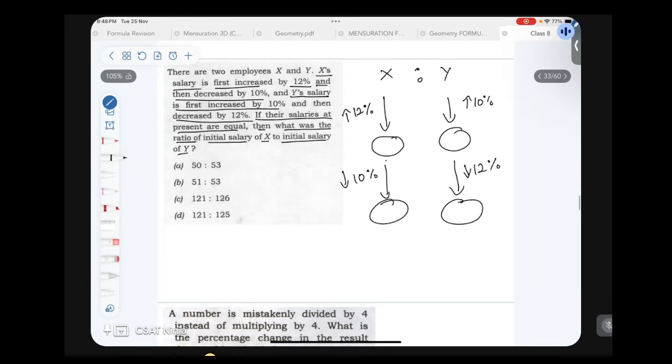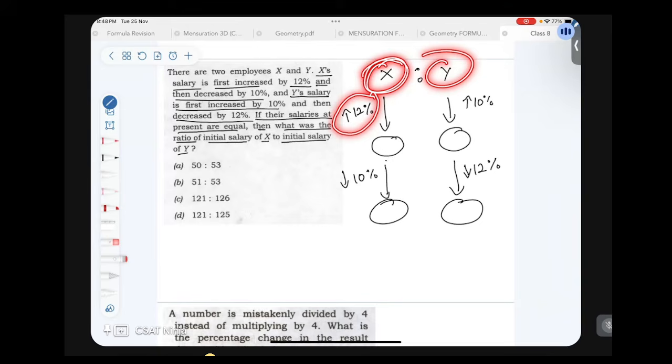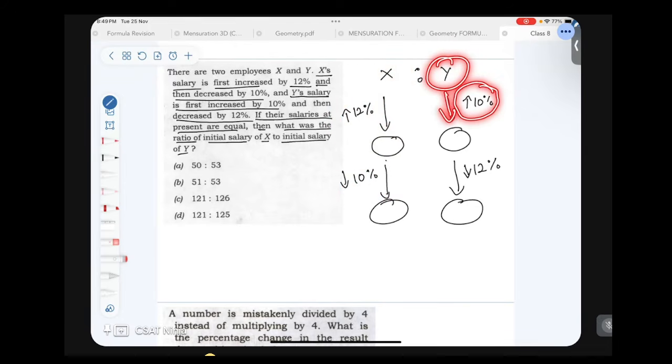You look here carefully. Let us try to understand the question completely. There are 2 employees, X and Y. X's salary was first increased by 12%, and after this, it is decreased by 10%. That's what the question says. Again, Y's salary is increased by 10% and then decreased by 12%.